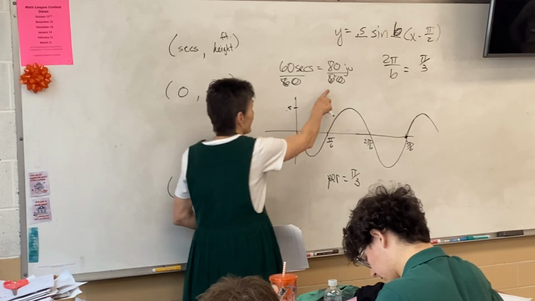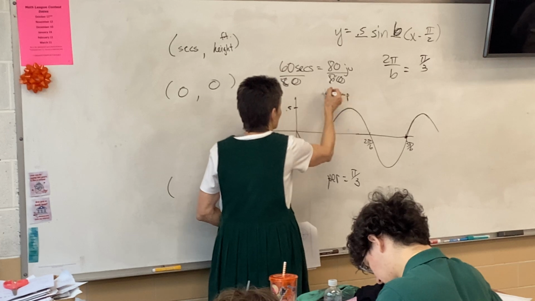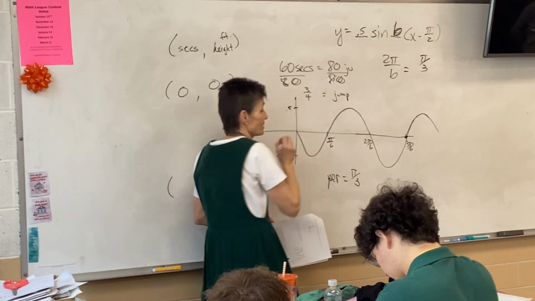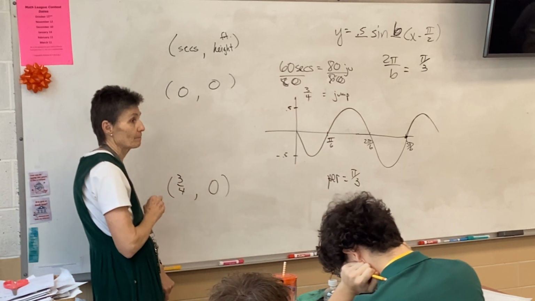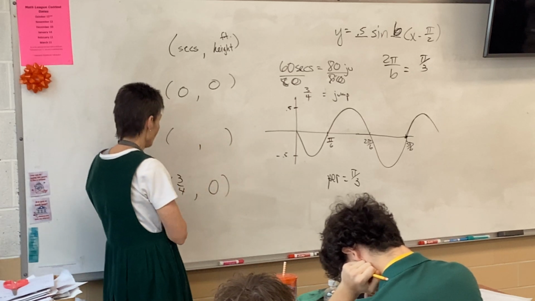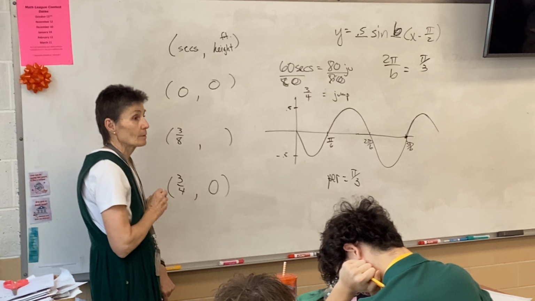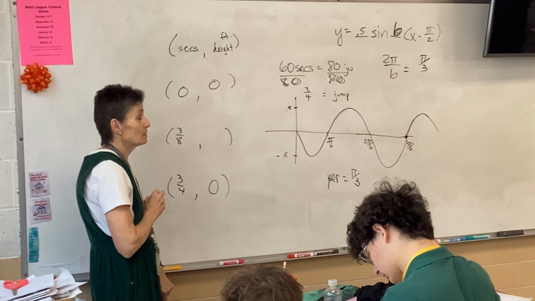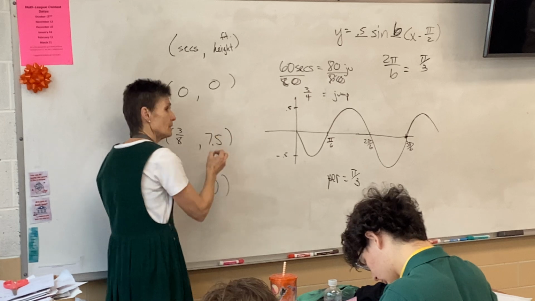I divide by 80. So this is 1 jump, which is a spin of the rope. 1 spin of the rope is 3/4 seconds. So at 3/4, it's back on the ground. Now, where is it at the halfway point, which would be 3/8? Wouldn't it be 7.5?